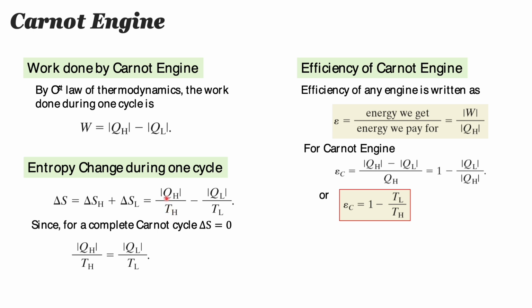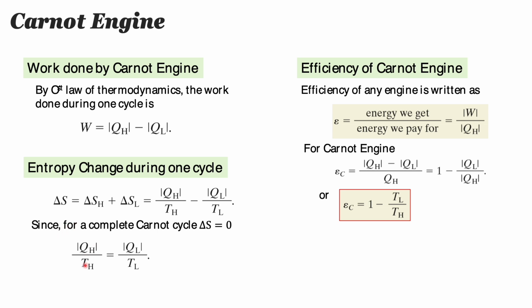You remember that entropy is equal to the transfer of heat divided by the temperature at which that transfer of heat has taken place, minus QL divided by TL. This is the energy that was released from the system to the low temperature reservoir.